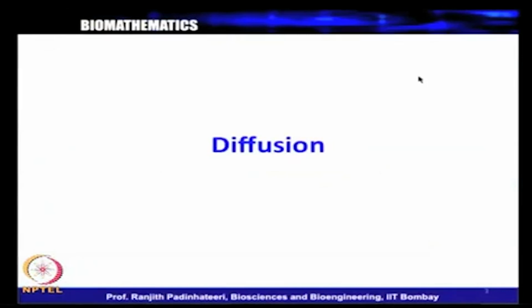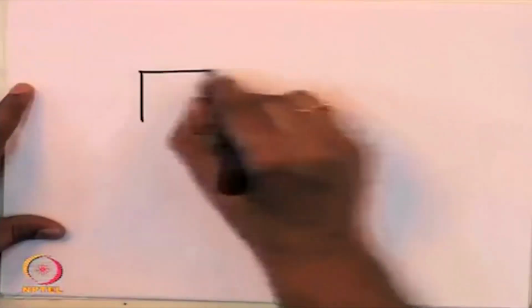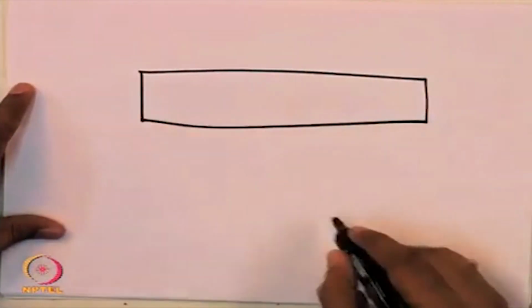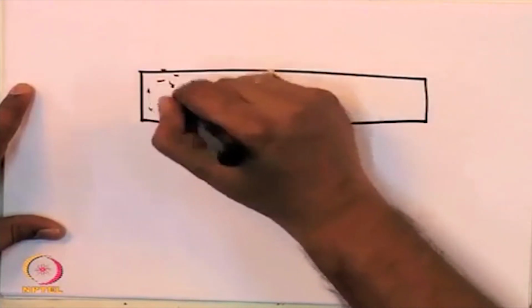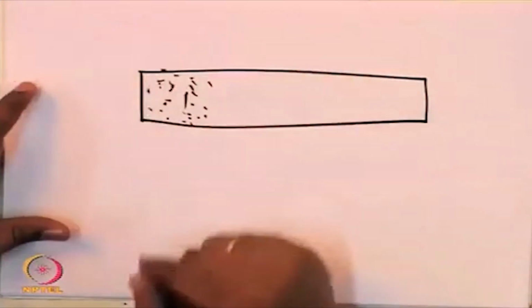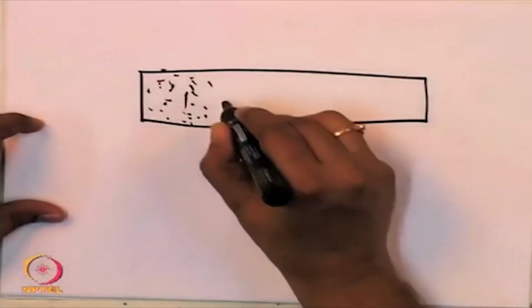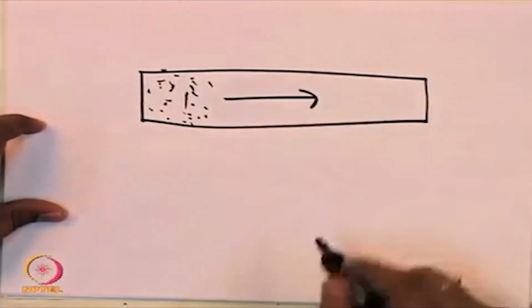Imagine that you have a container, and if you put some amount of protein molecules here, they will diffuse this way.